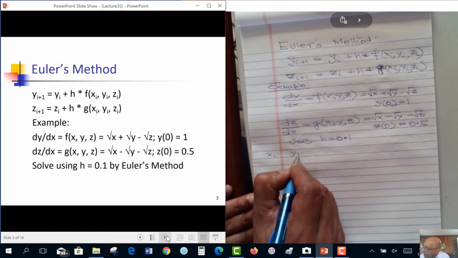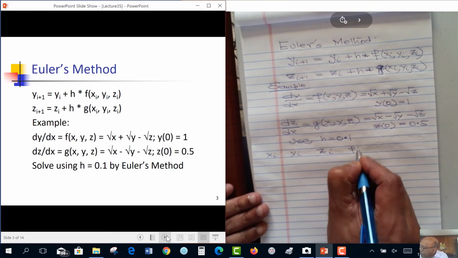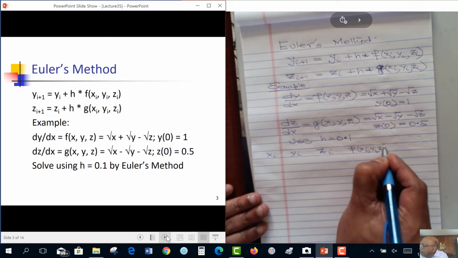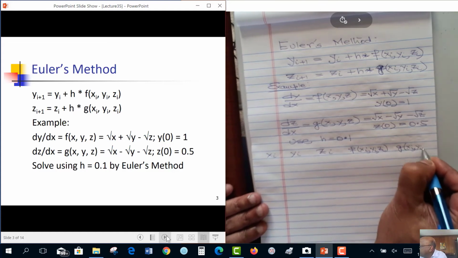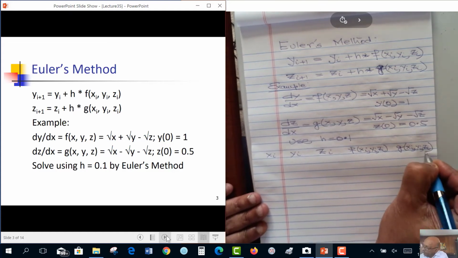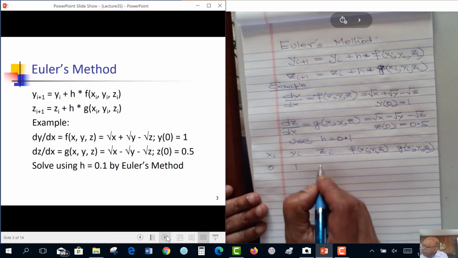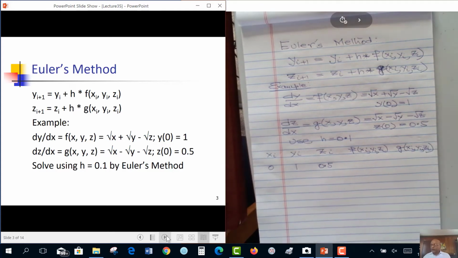So let's make a table: xi, yi, zi. Then we'll evaluate the function f at xi, yi, zi, and the other function g at xi, yi, zi. At x equal to 0, y is 1, z is 0.5. So let's evaluate function f.